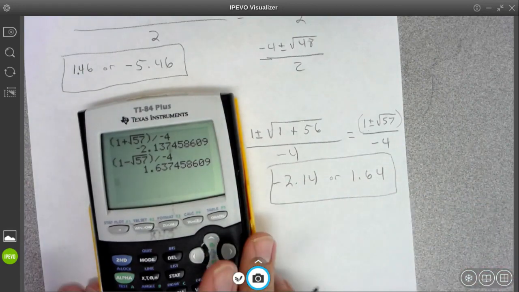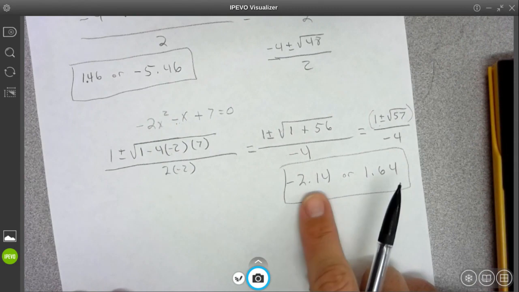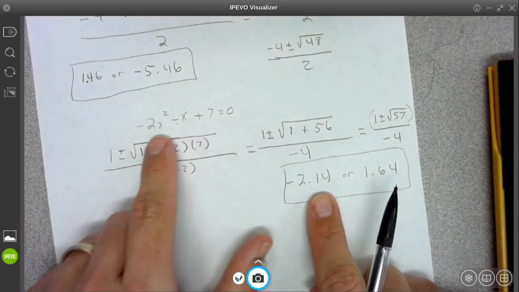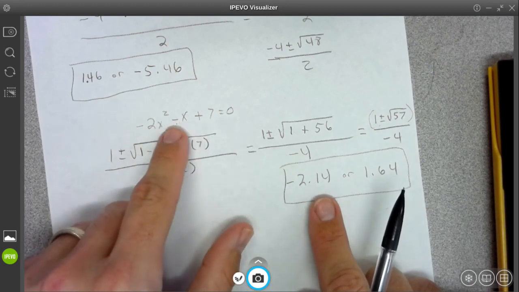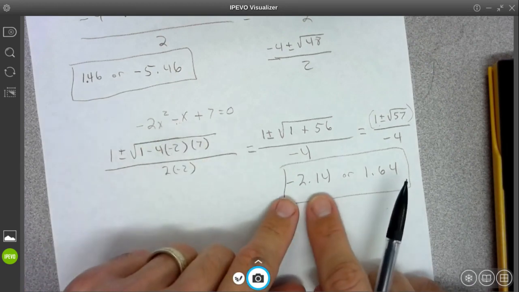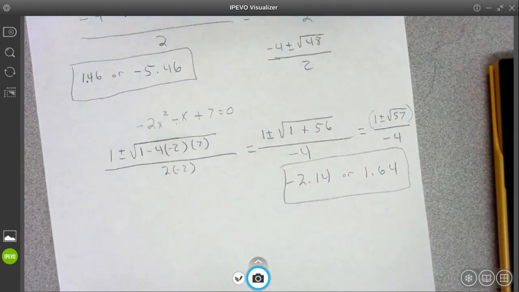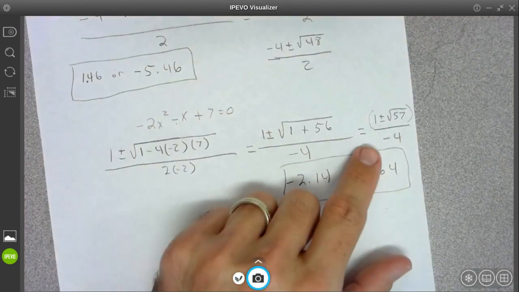And that's it. So if you were to plug these in for x, negative 2.14 store to x, and you were to type it into this left side, you're going to get something very, very close to 0. All right, so because we approximated here, it's not going to be exactly 0, but it's going to be really, really close.